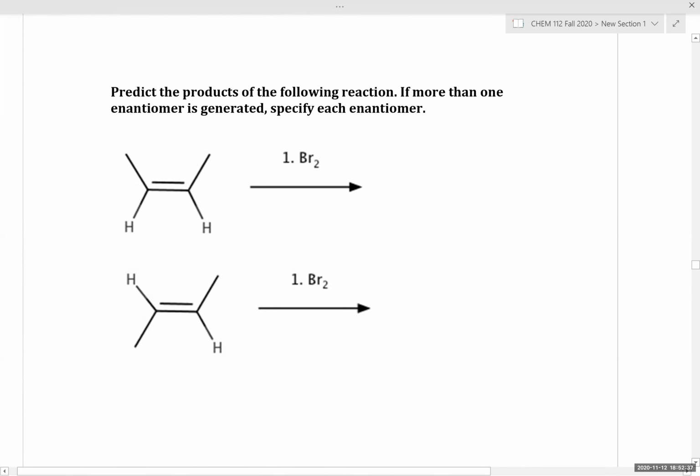Okay, so let's try to predict the products of the following reaction, and we're going to work on these examples together. It's time for you to break out your model kits if you don't already have them out and ready to go, because we're going to utilize our model kits in order to predict the products from this reaction with the correct stereochemistry.